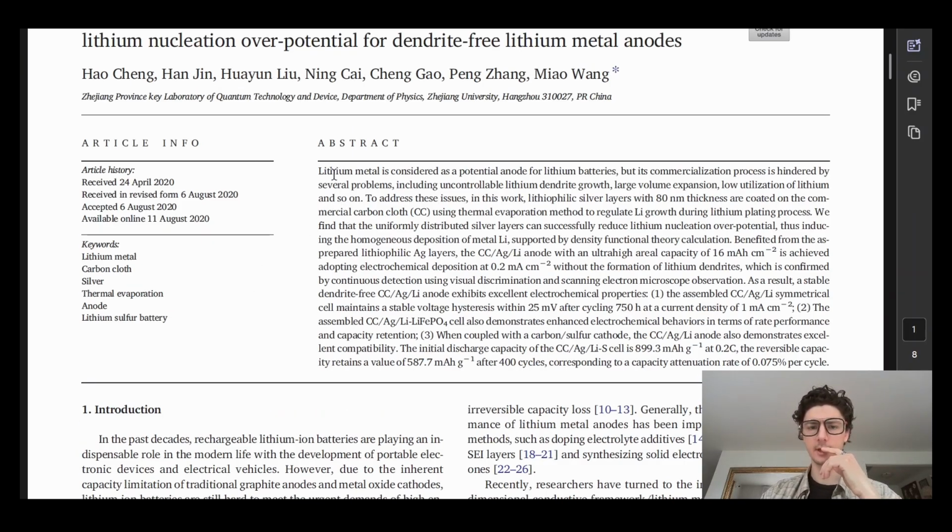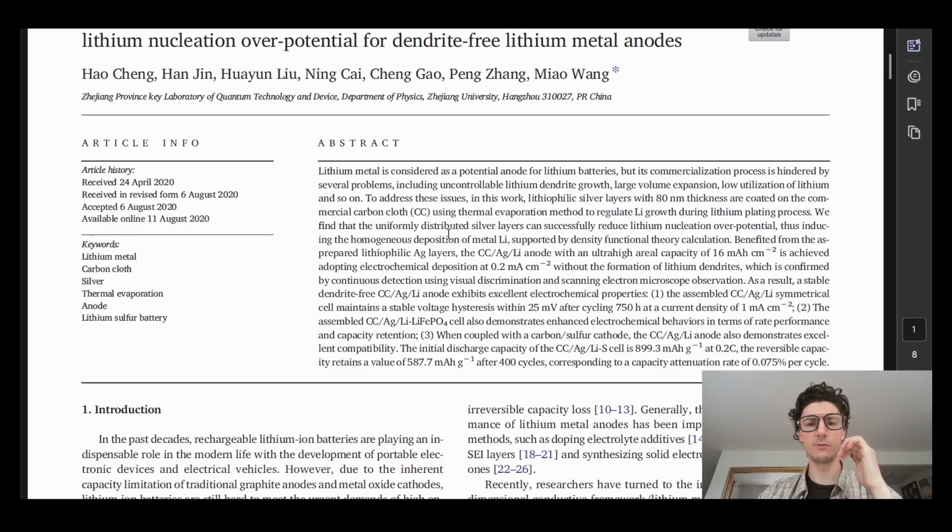Abstract. Lithium metal is considered as a potential anode for lithium metal batteries, but its commercialization process is hindered by several problems, including uncontrollable lithium dendrite growth and large volume expansion, low utilization of lithium, and so on. To address these issues, in this work, lithophilic silver layers with 80 nanometer thickness are coated on the commercial carbon cloth, CC, using thermal evaporation method to regulate lithium growth during lithium plating process.